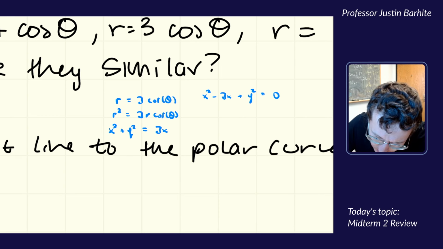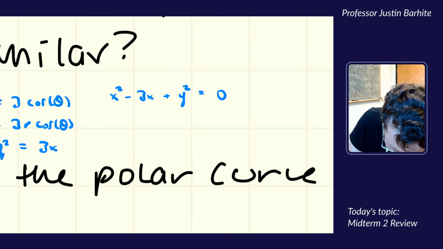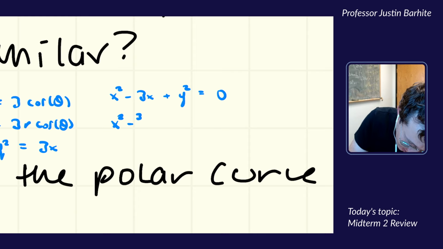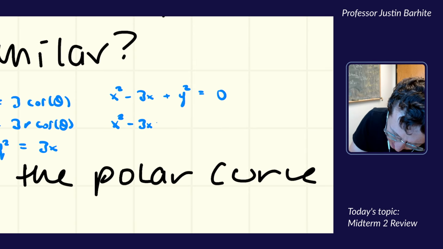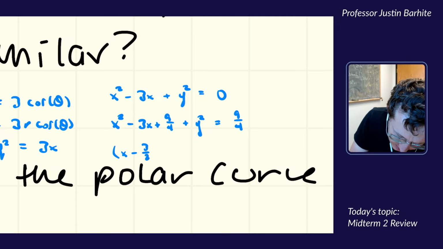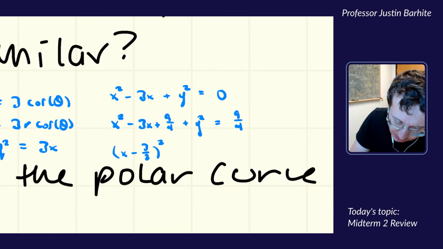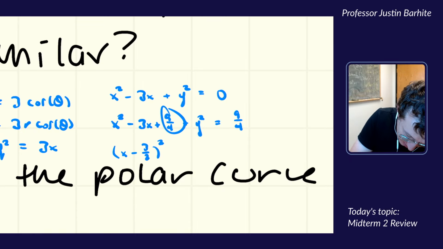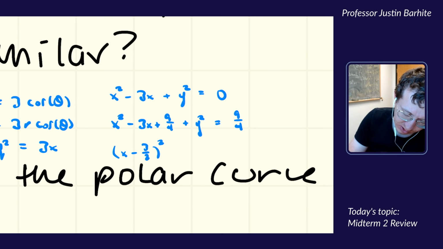Okay. And then to really see that this is a circle, I want to complete the square. So I'm going to add in 9/4 to both sides. And the reason I want to do that is because then I can factor this as x minus 3/2 squared. So I came up with the 9/4 by dividing 3 in half to get 3/2 and then squaring it.